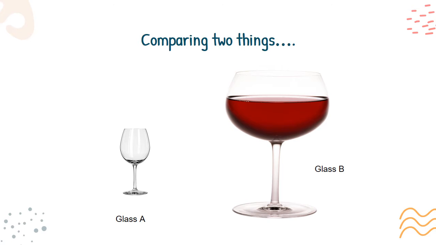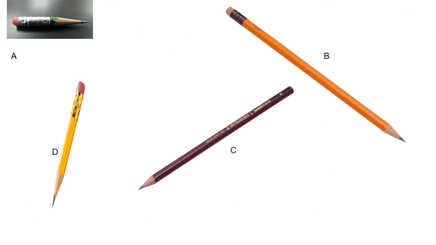Here we have glass A and glass B. So from its size we can say glass A is smaller than glass B, or glass B is bigger than glass A.